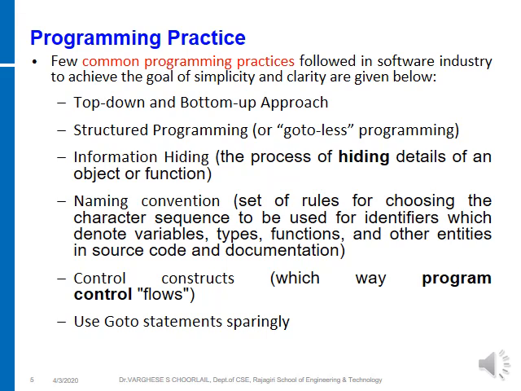The process of hiding details of an object or a function. Next is naming convention. Naming convention is a set of rules for choosing the character sequence to be used for identifiers which denote variables, types, functions, and other entities in the source code and documentation.